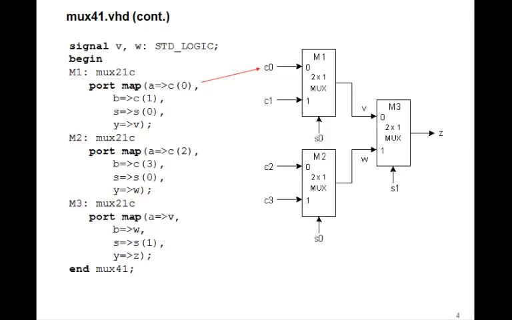So in this case, remember the 0 input's A, the 1 input's B, and in this case, S0 is the S. In this case, S1 is the S. So here we have A gets connected to C0, B gets connected to C1, S gets connected to S0, and Y gets connected to V, the signal V that we declared up here.